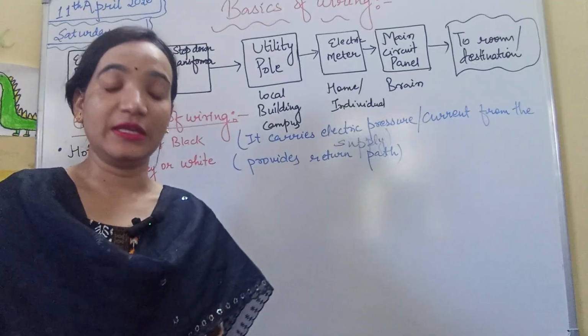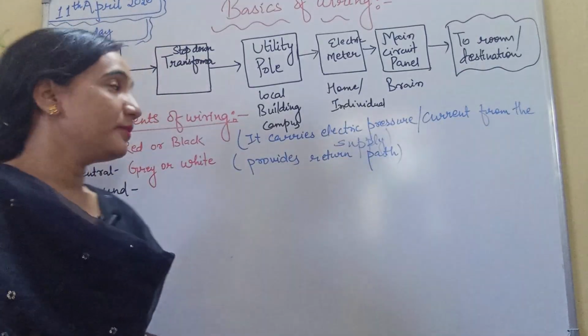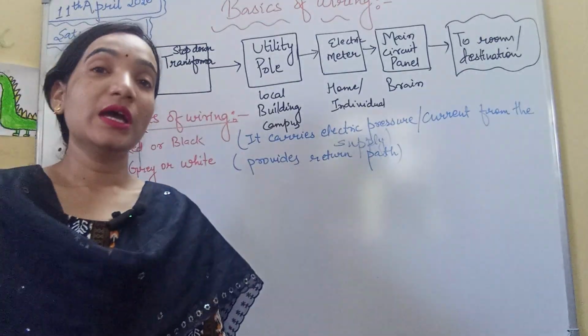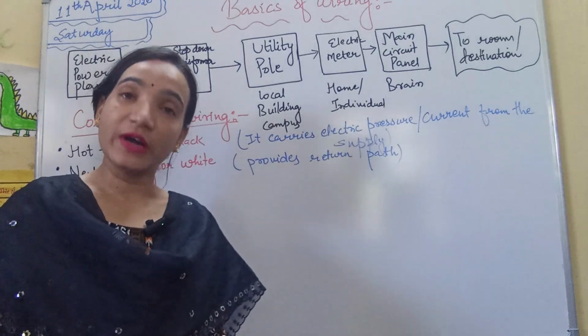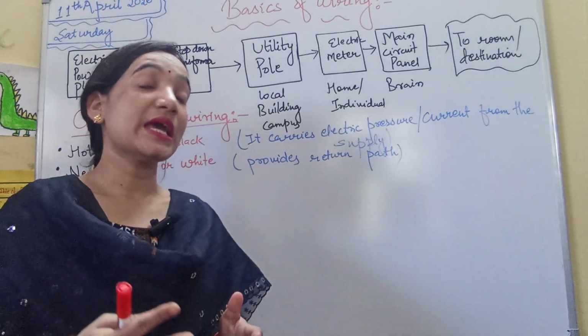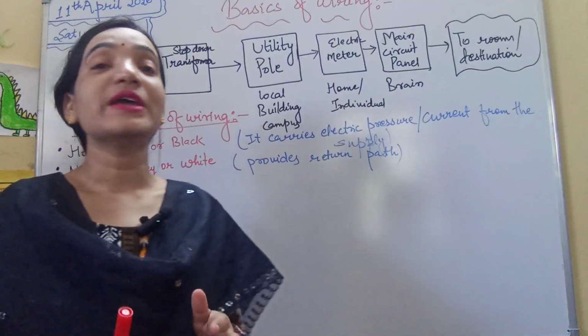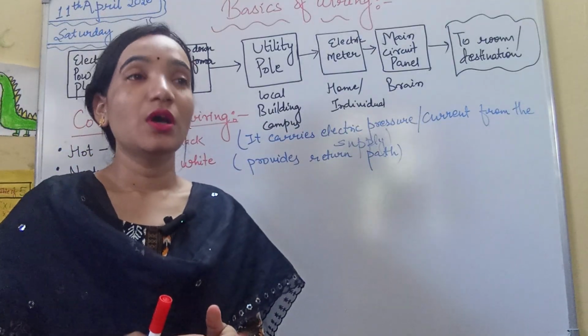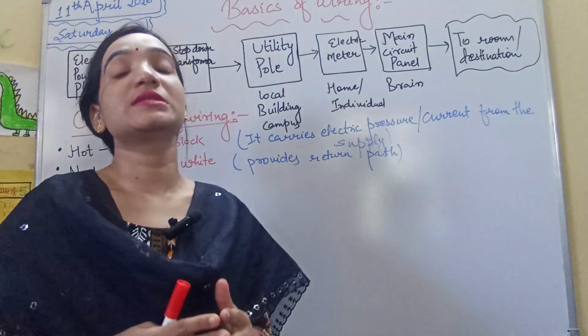Now another one is ground. Ground is very important, because with ground, when there is an extra surge of current, your device may get damaged, or there may be some accident.